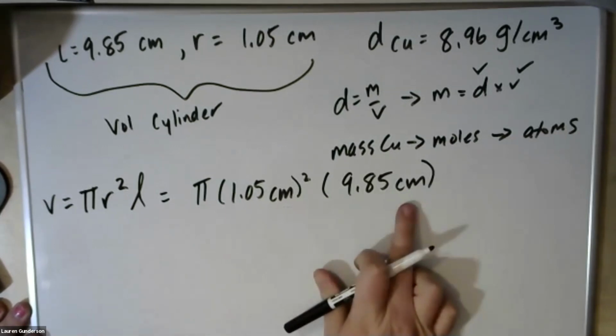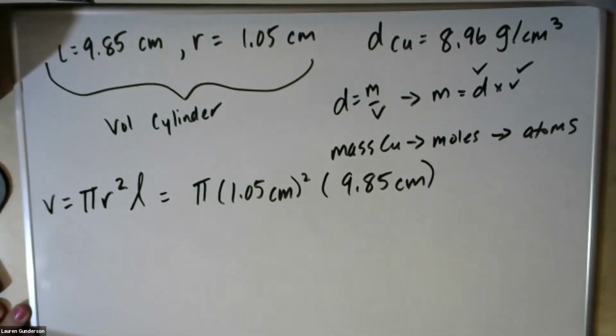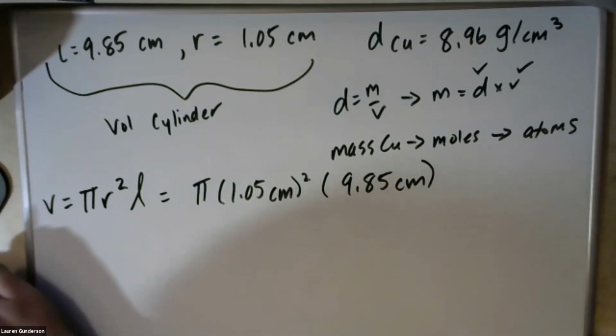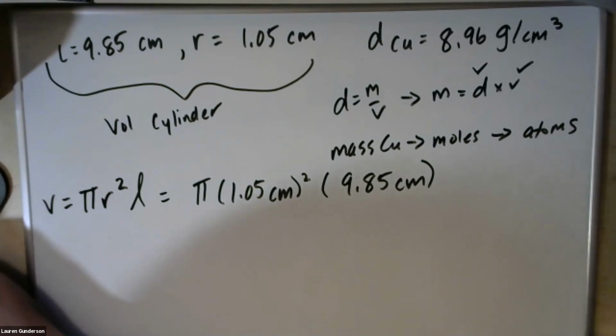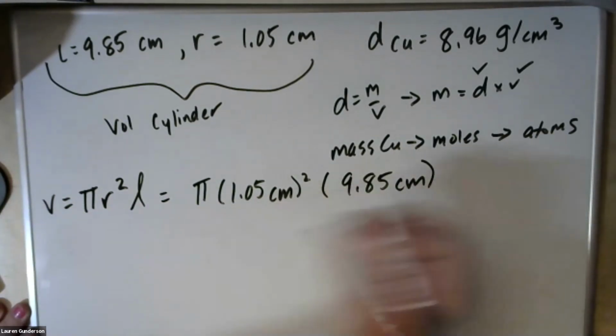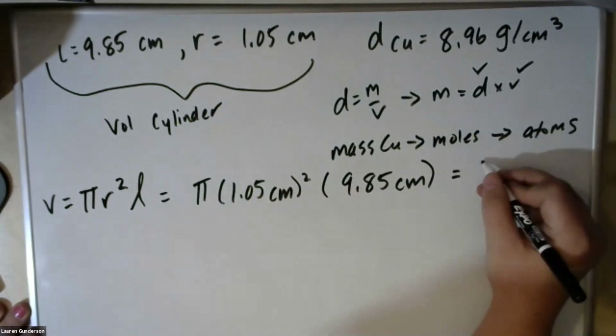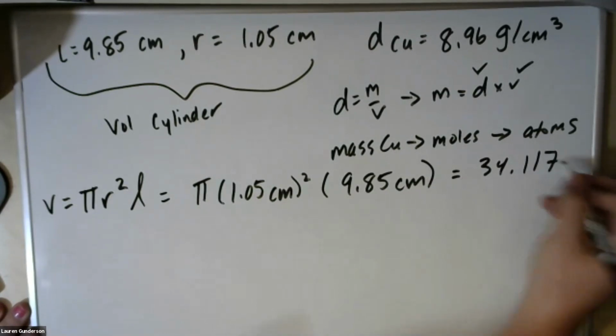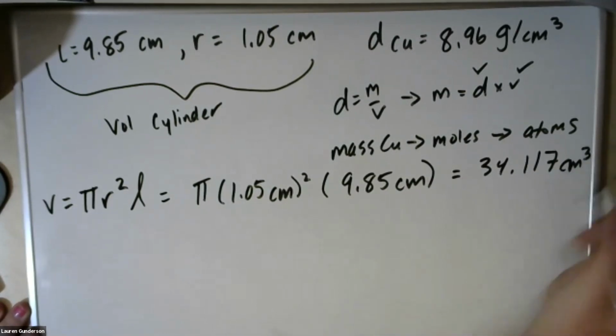So you see in the end, we'll have cubic centimeters as our units. 1.05 squared times 9.85 times pi. All right, so our volume is going to be 34.117 cubic centimeters.